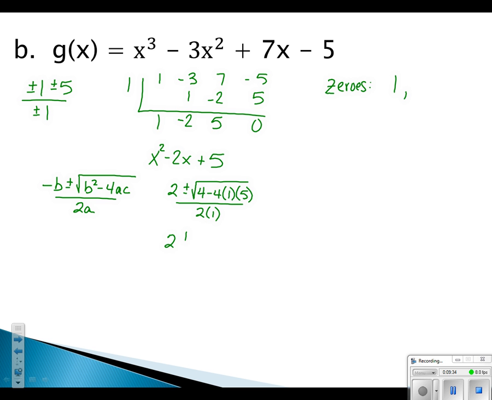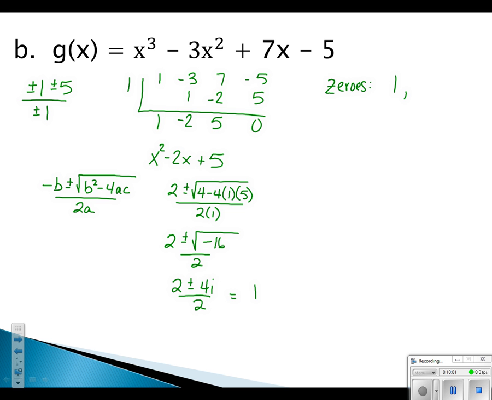Simplifying. I'm going to end up with 4 minus 20 underneath my radical, which is going to be a negative 16. Square root of negative 16 will be 4i. Since both parts of my top can be reduced by 2, I can reduce the 2's out of here.